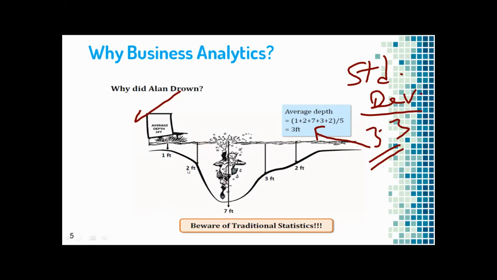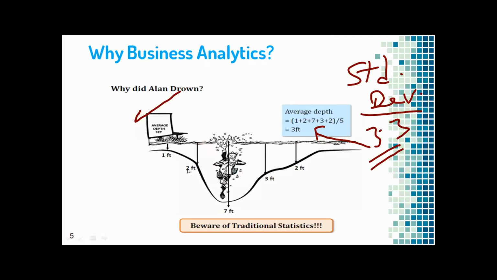So if standard deviation would have been taken care of, Alan would not have drowned, because he would understand that the average depth can vary this much, or it would have been written that the actual depth can vary this much. But this depth was calculated based on normal statistics, and this is the problem.